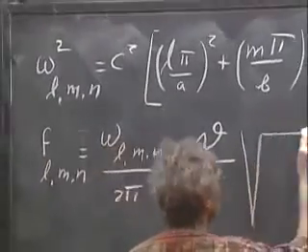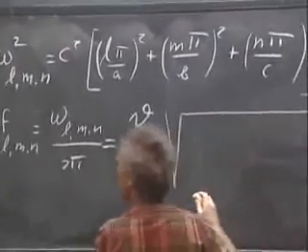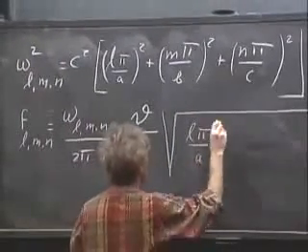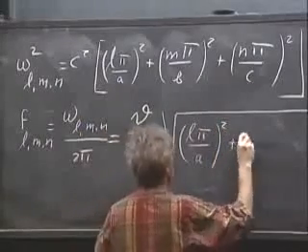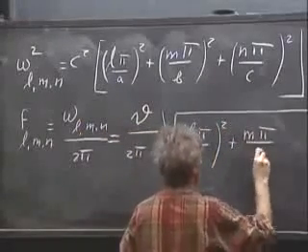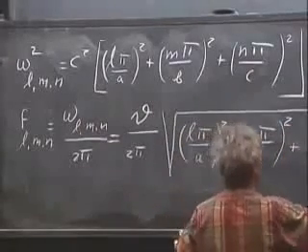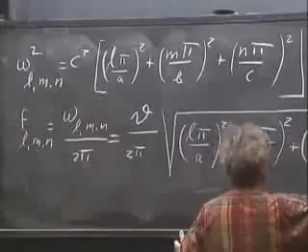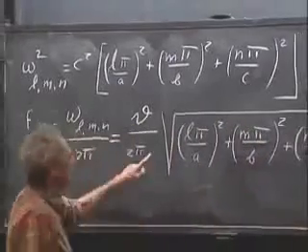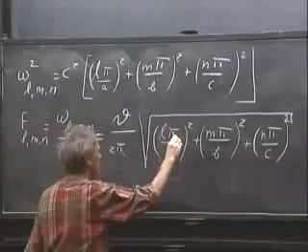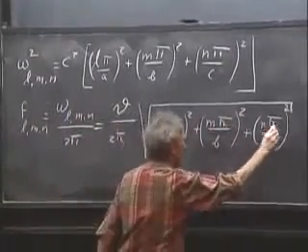And then I get here the square root of L pi over a squared plus m pi over b squared plus n pi over c squared. And notice that you lose your pi. So this pi here eats up this pi, eats up this pi, eats up that pi.